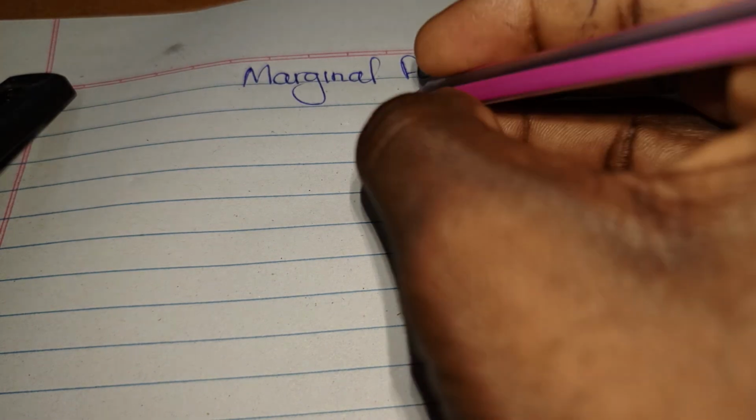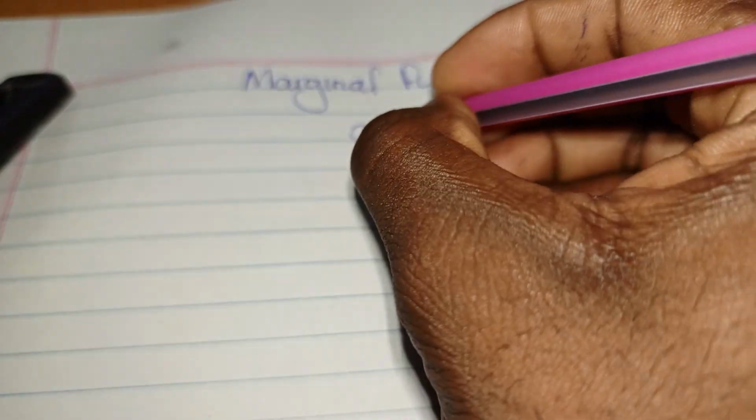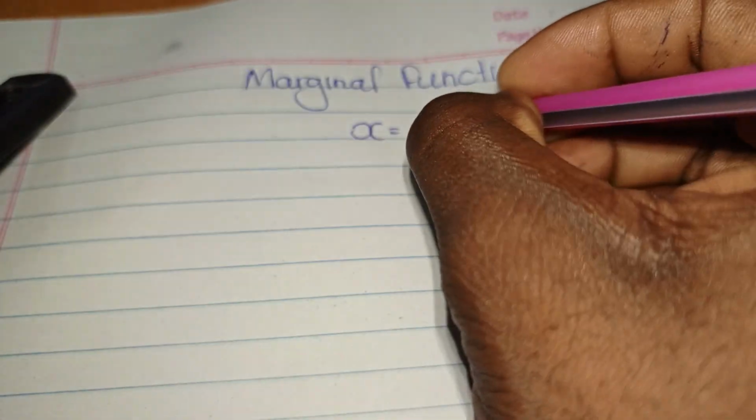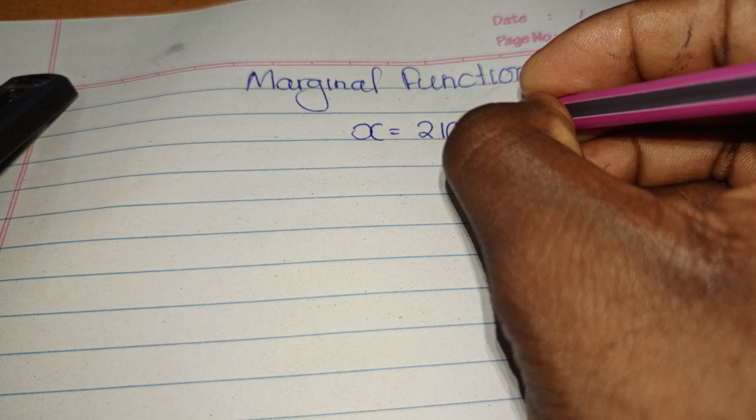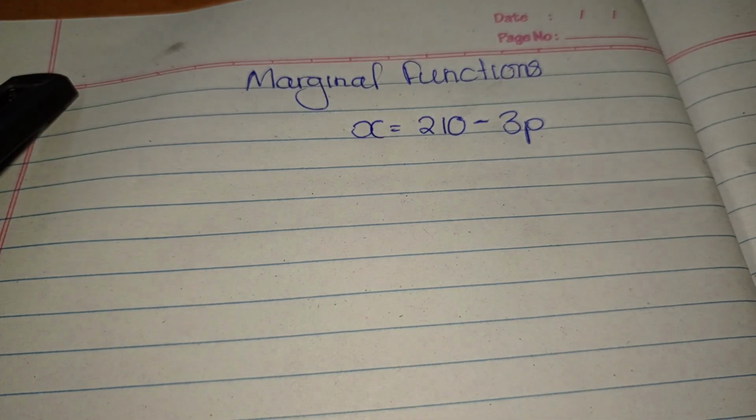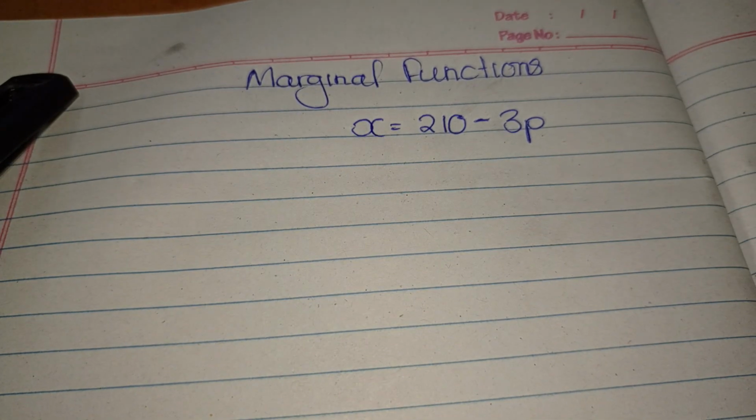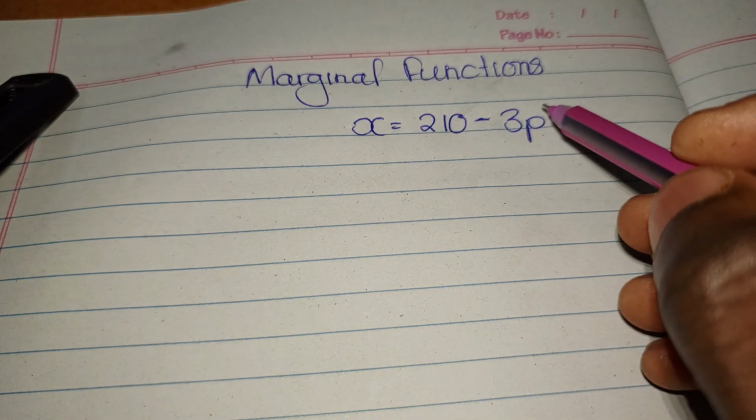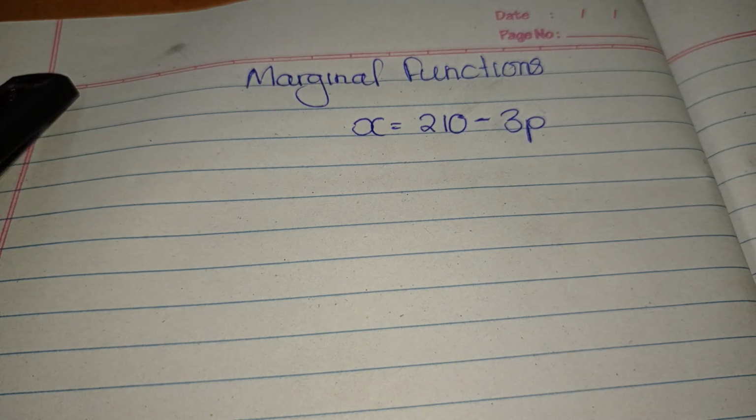We know the function which we have been given here, the quantity x is equal to 210 minus 3p, is not in the order in which marginal functions are always given. Remember, marginal functions are always given in terms of p. So in this case, you should make p the subject of the formula.